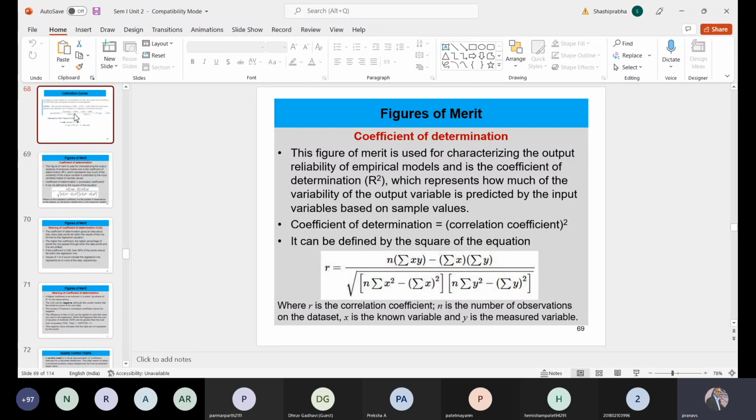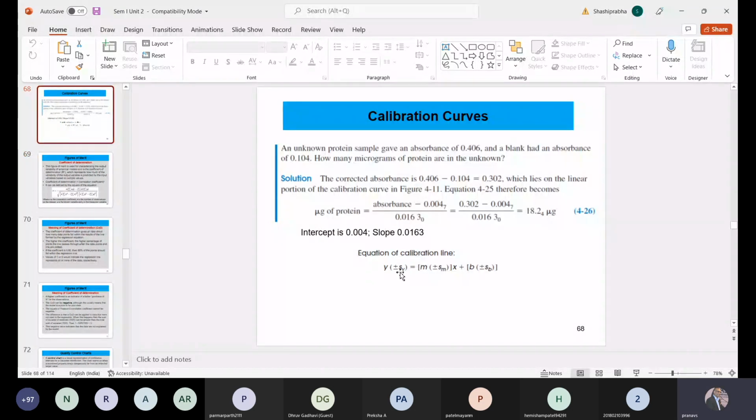So this is how our calibration line should look like. y equals mx plus b, with y plus or minus the standard deviation of y, where y is the measured variable, m is the slope, and there is the deviation in the measurement of the slope. Then we have x, which is the known variable for a standard calibration curve. b is the intercept and sb is the standard deviation of the intercept.